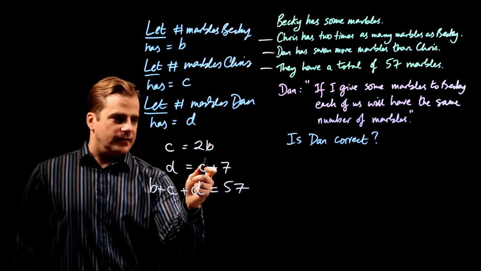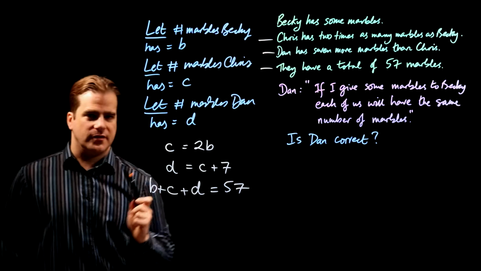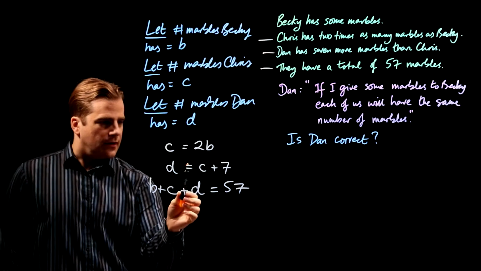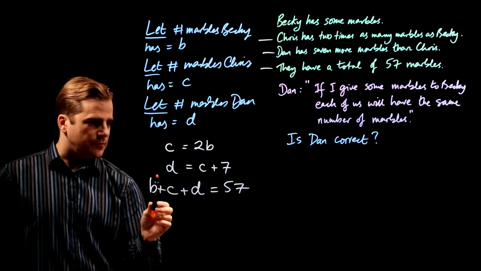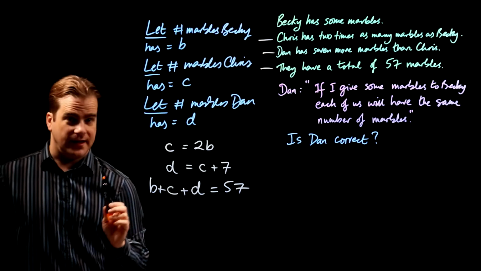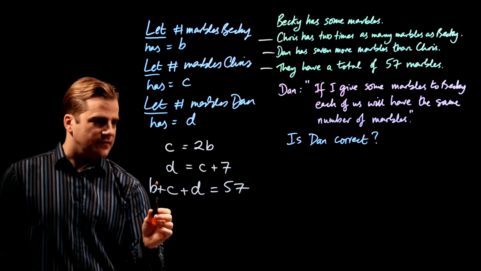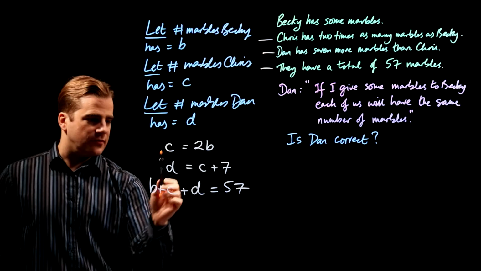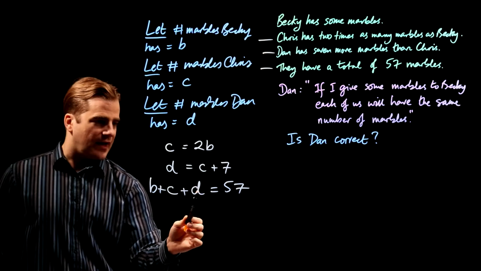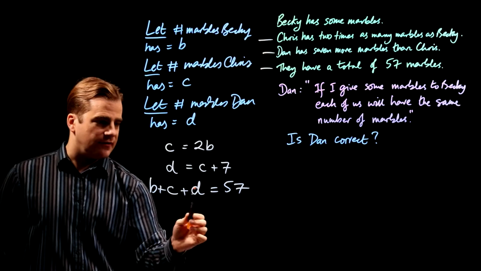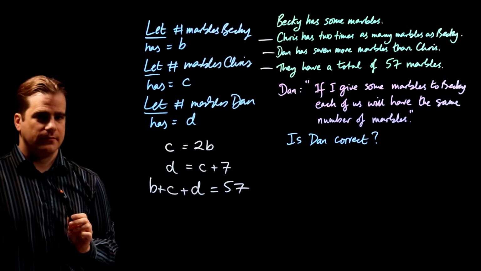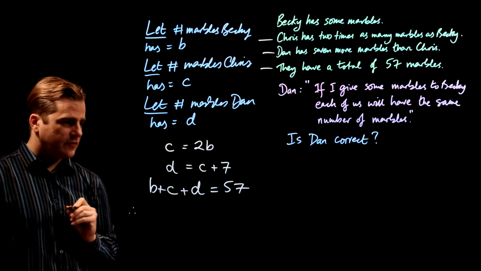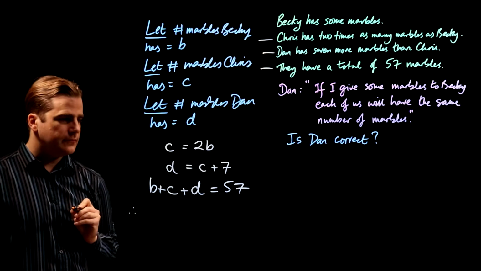Well, we've got C in terms of B and D in terms of C. So I think we should put everything in terms of C, because we can convert that B into a C with this equation. We can convert that D into a C with this equation. Then everything's in terms of C. So, what does this equation become?